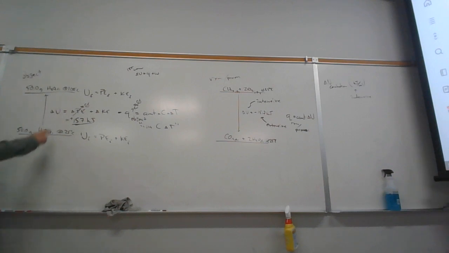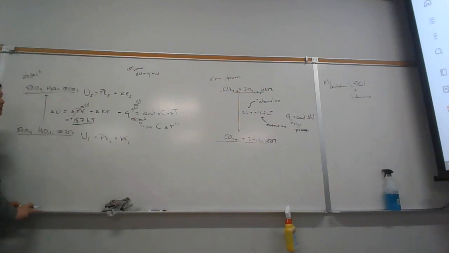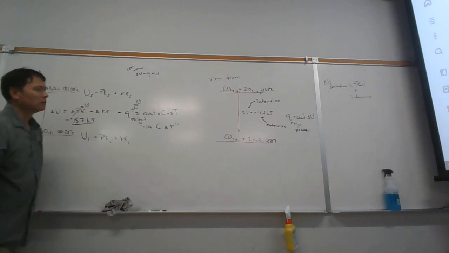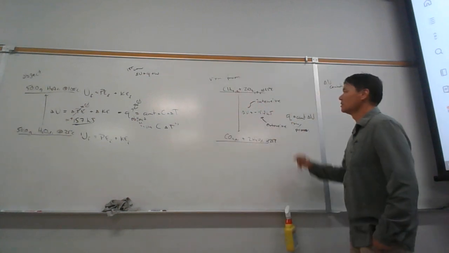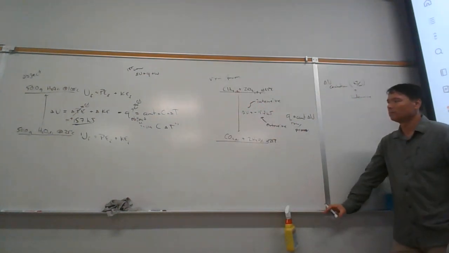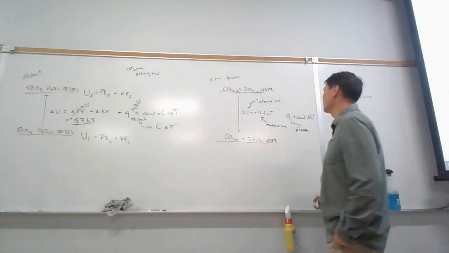And so in this case, the delta U is just equal to the heat that's absorbed by this. Over here, it's the same thing. Delta U is equal to Q plus W. But this one's a bit more tricky.